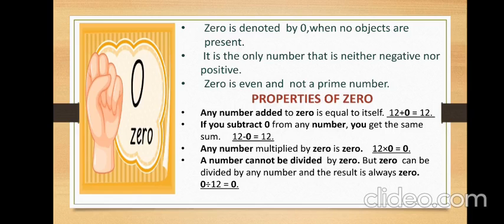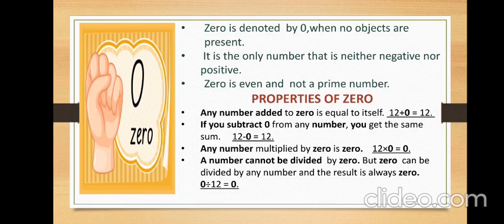But for division, a number cannot be divided by 0. 0 can be divided by any number, but the result is 0. So for addition and subtraction, when you are using 0 with a number, the same number is the result. For multiplication and division with 0, the result is 0.